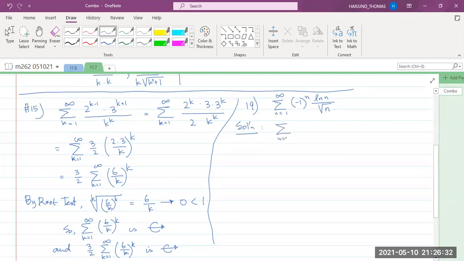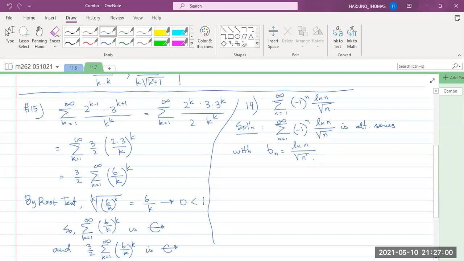This series is an alternating series with b_n, the positive terms, being natural log of n over square root of n.